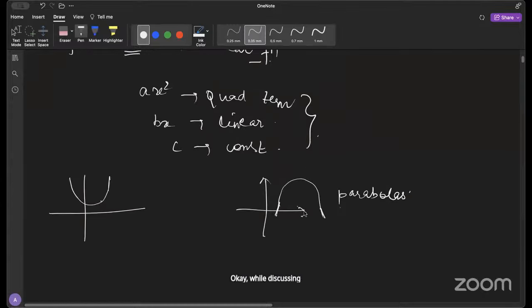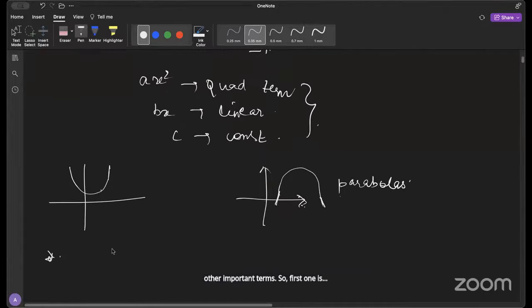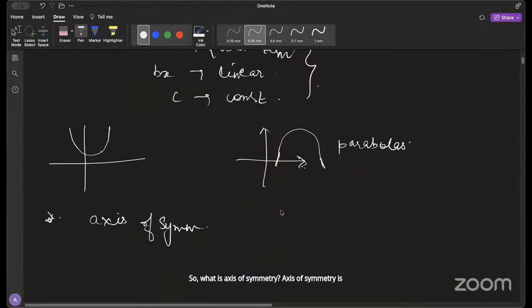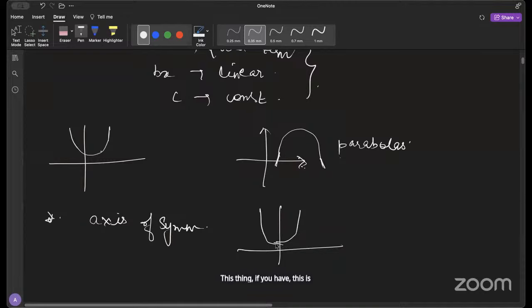While discussing parabolas, we discuss other important terms. The first one is your axis of symmetry. So what is the axis of symmetry? Let's say this is a parabola.